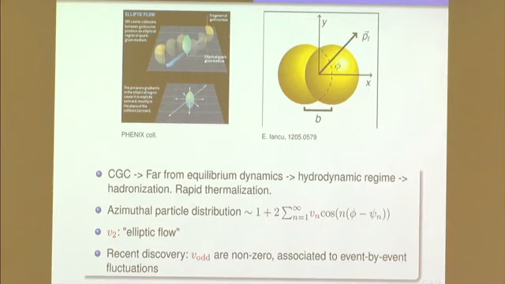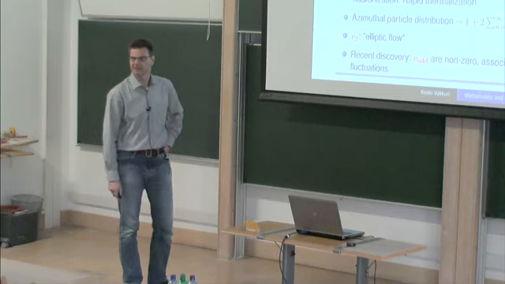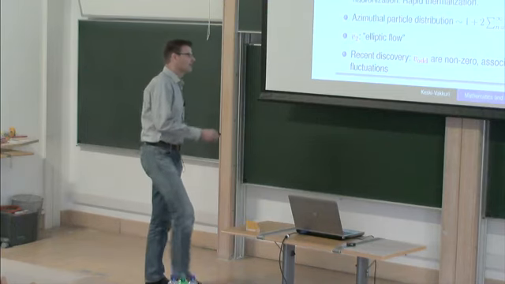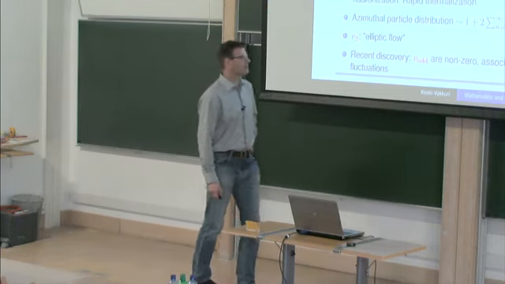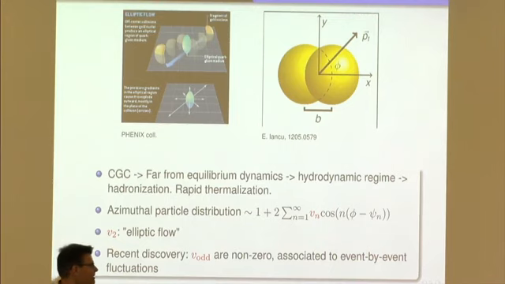But recently it was discovered that, by the reflection symmetry about the y-axis, you would think that there are no odd coefficients in this expansion. But it turned out that they are actually there, and they are even large.